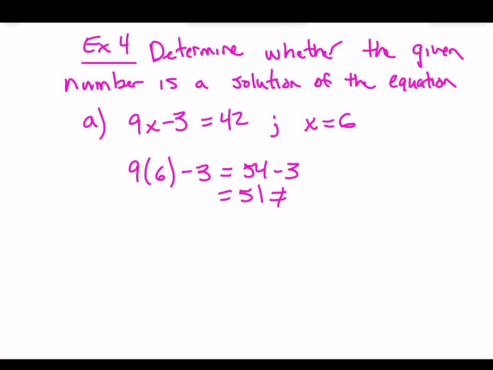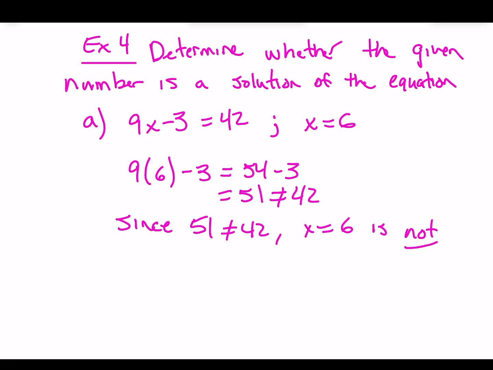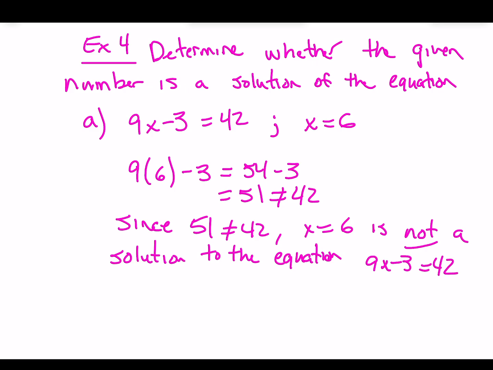Well, 51 is not equal to 42 as we needed in our equation. So since 51 is not equal to 42, x equals 6 is not a solution to the equation 9x minus 3 equal to 42.